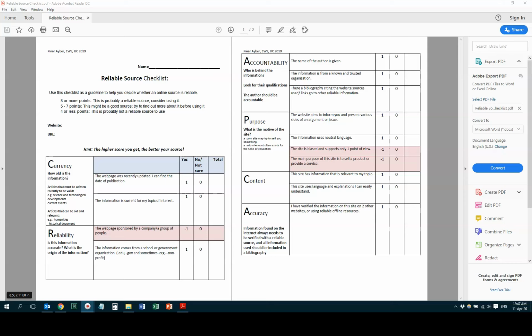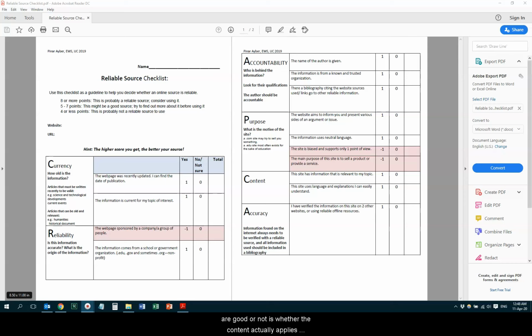If it only supports one point of view, and that one point of view is possibly questionable or controversial, it could be biased. If the main purpose of the site, again, is to sell a product or provide a service, the purpose for the article could be unreliable, untrustworthy.